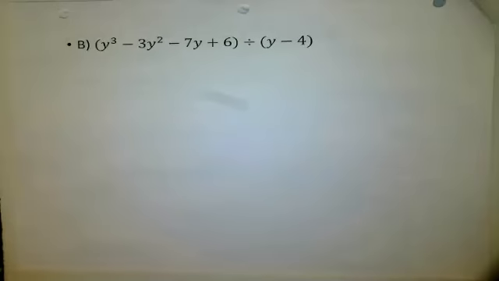y cubed minus 3y squared minus 7y plus 6 divided by y minus 4.